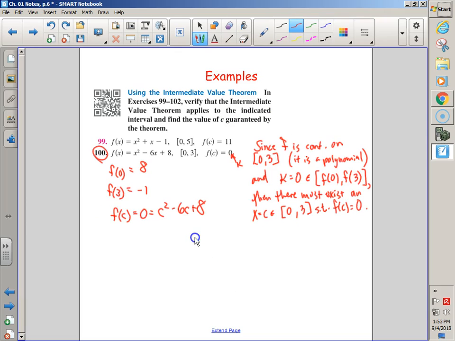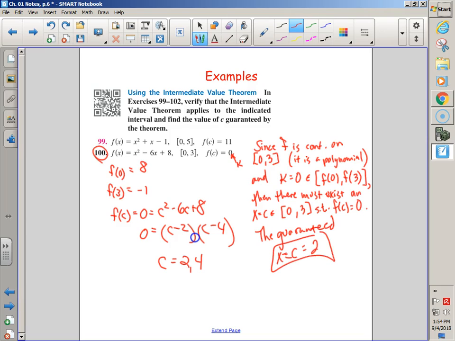And hopefully most of you guys, with just a little bit of effort, or maybe no effort at all, should be able to solve this and say, hey, c equals 2 and 4. Yes or no? No. What have you not thought about? C has to be in between. So the only guaranteed c value is only 2.